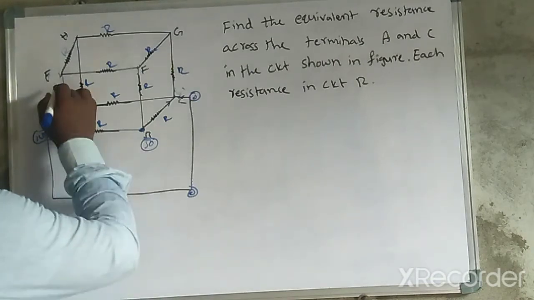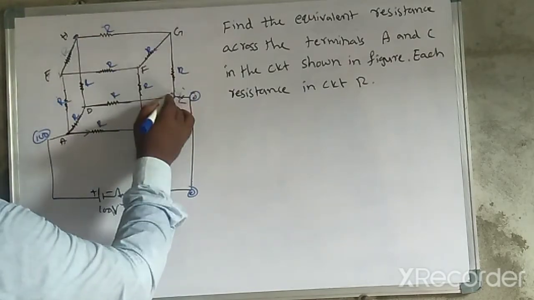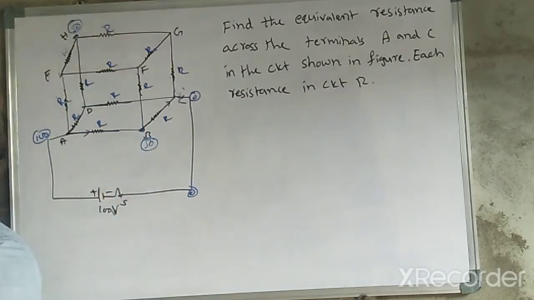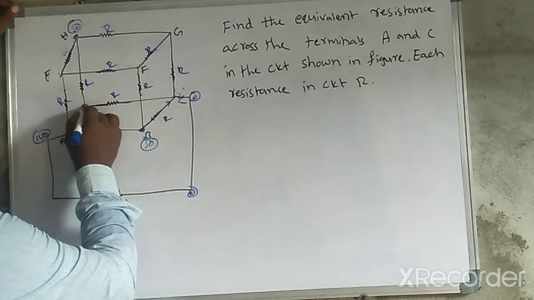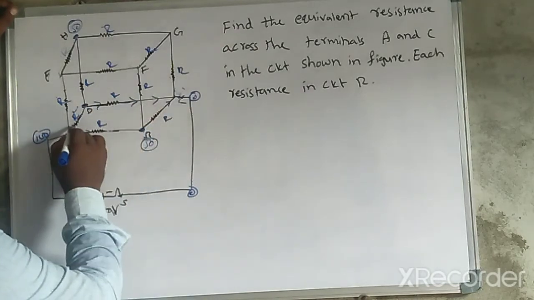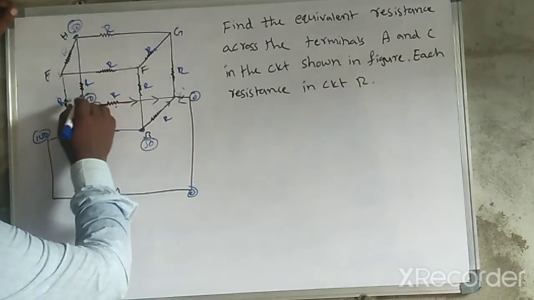Similarly, after crossing this resistor and this resistor, here also 50 volt. And in this way, after one resistor, this point is also 50.